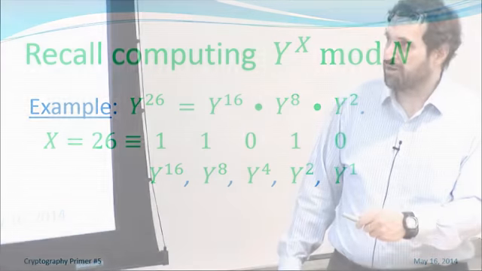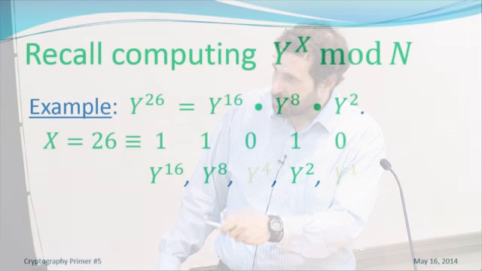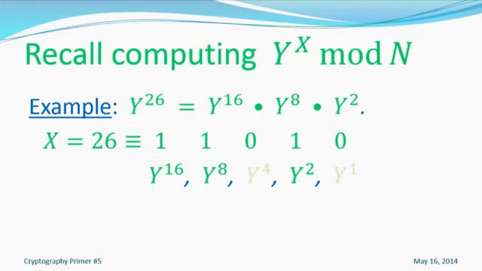And we write it as a product of powers of 2 in the exponent. So we take the exponent, write it out in binary, and we take the powers. And this tells us which powers now we want to keep and multiply together to get this.